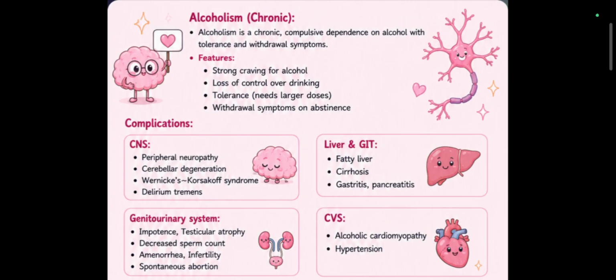Number two, compulsive dependence is there with tolerance and withdrawal symptoms. What are the features? Strong craving for alcohol, loss of control over drinking, tolerance, which means needing larger doses, and withdrawal symptoms on abstinence. These are the features of chronic alcoholism. The person will crave alcohol, and will also need larger doses subsequently.